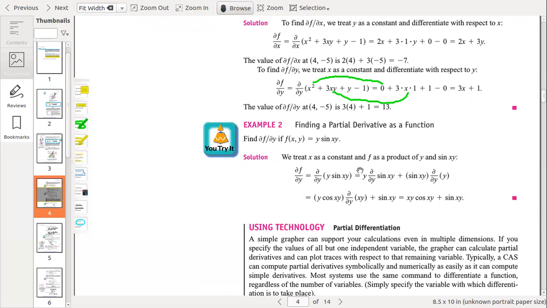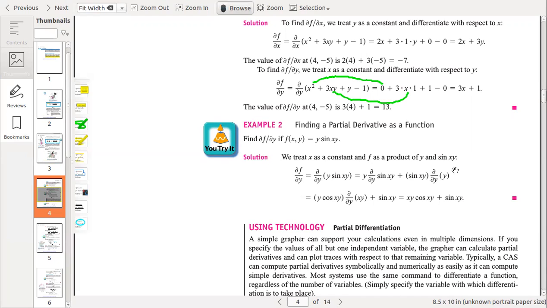Because this is a product, we take partial over partial y of sine xy. Here x is a constant, so the derivative of sine y is cos y, which is why we can write y cos y times the derivative of xy.